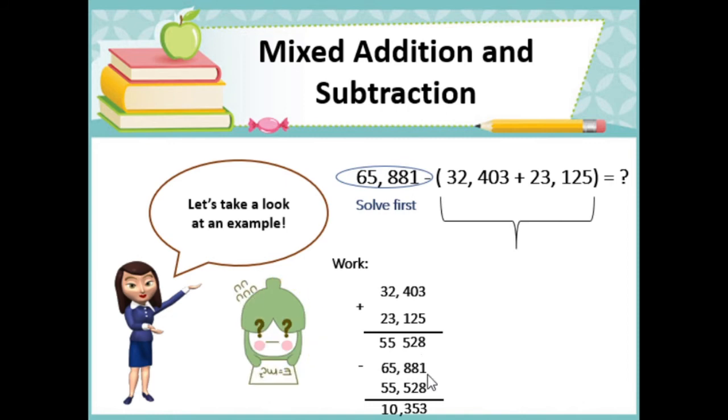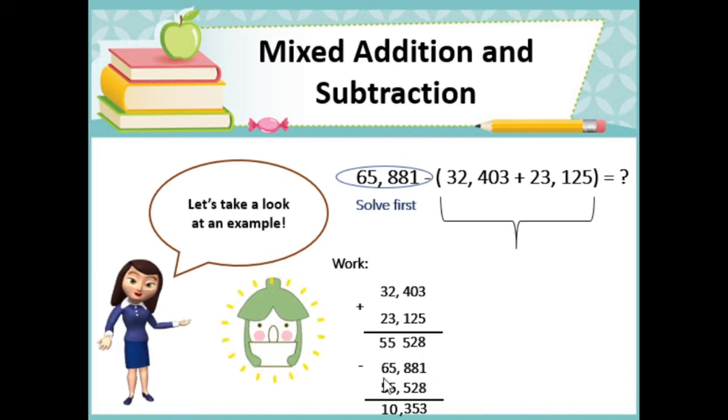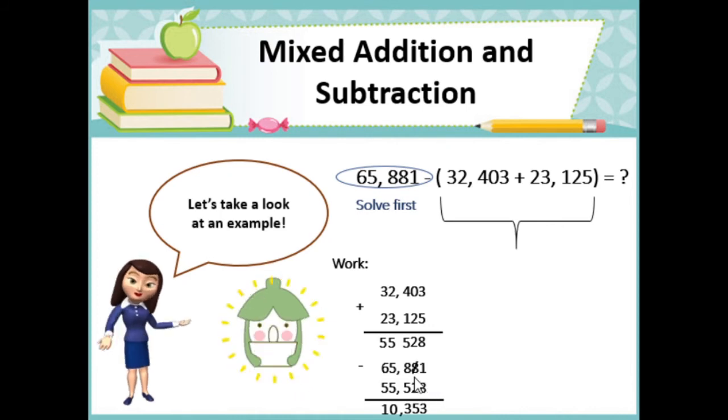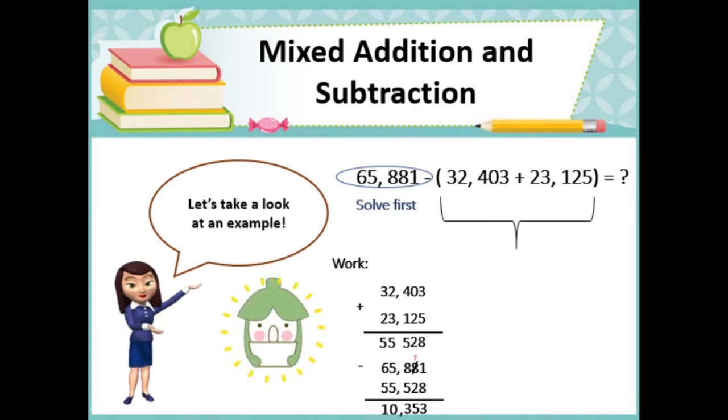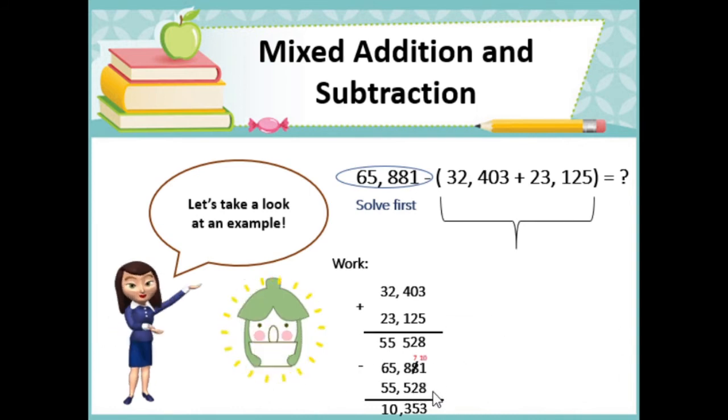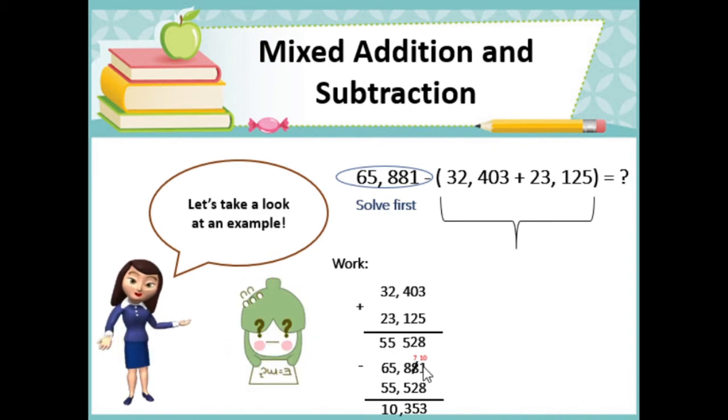Subtract from the rightmost place. 1 minus 8 cannot be. That's why we borrowed 1 from 8. 8 became 7 and 1 becomes 11. 11 minus 8 equals 3. 7 minus 2 equals 5. 8 minus 5 equals 3. 5 minus 5 equals 0.